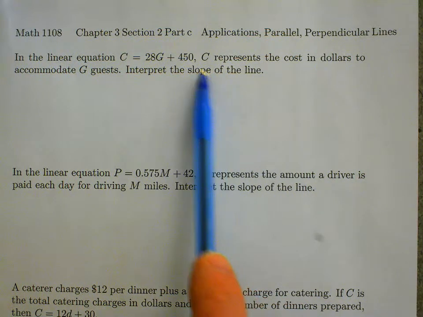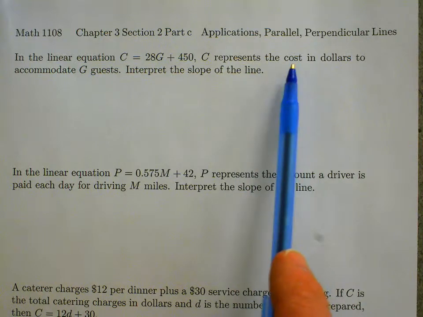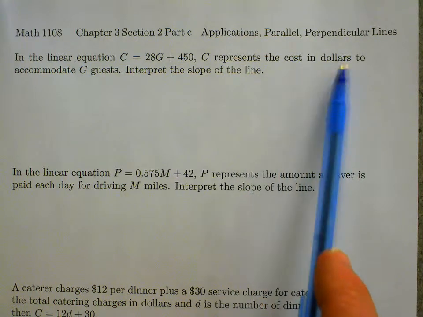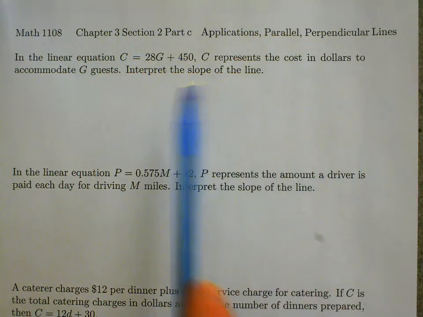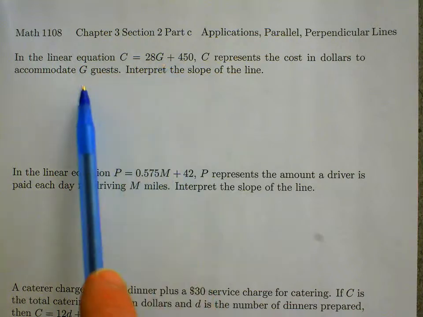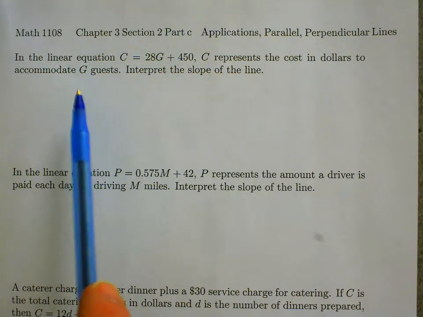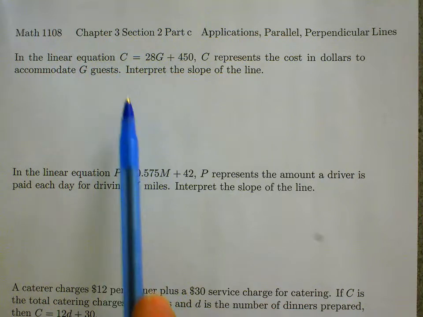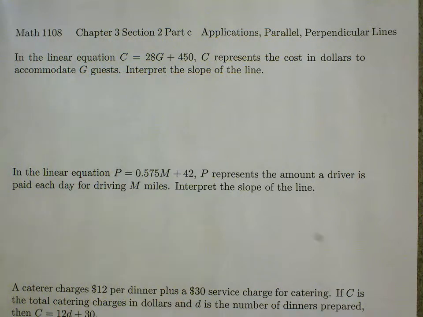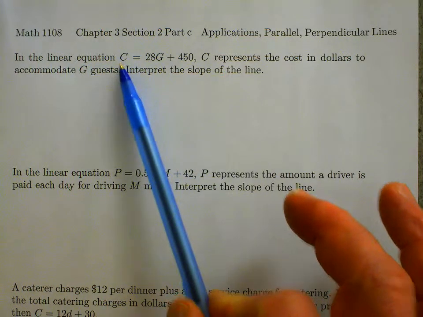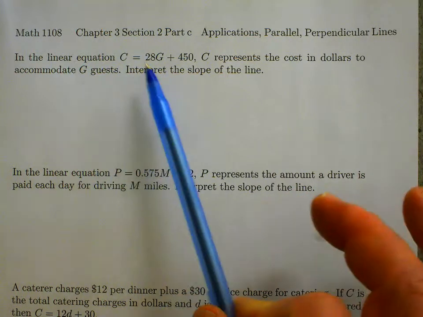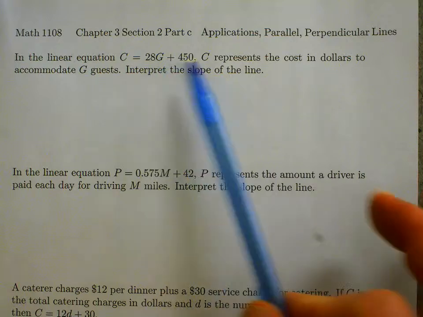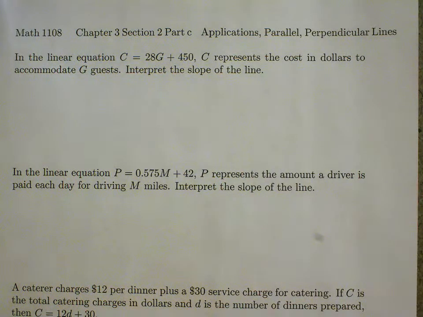So capital C represents cost in dollars. Capital G represents the number of guests. And so the cost, we'll just suppose this is like a daily cost. So the cost to accommodate G guests is 28 times G plus $450.